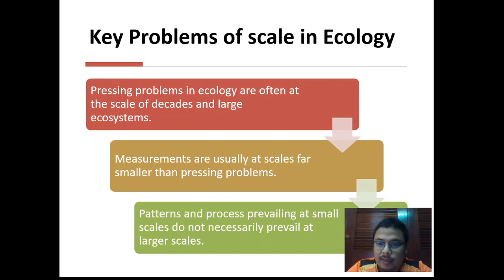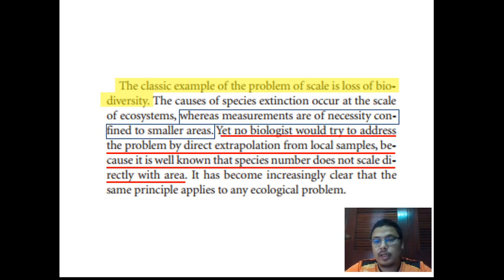Despite saying that, you still need to understand how to use the scale properly to address the problem that we have. Of course, the classic example of the problem of scale is loss of biodiversity. The causes of species extinction occur at the scale of ecosystems, whereas measurements are necessarily confined to small areas.